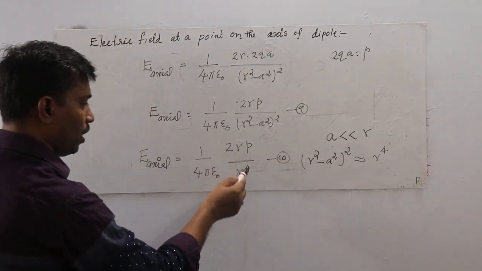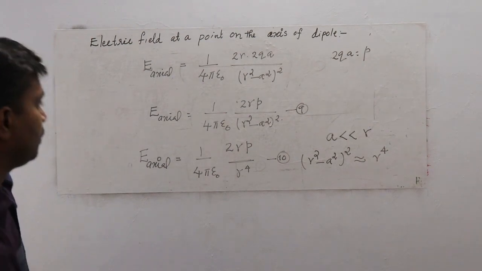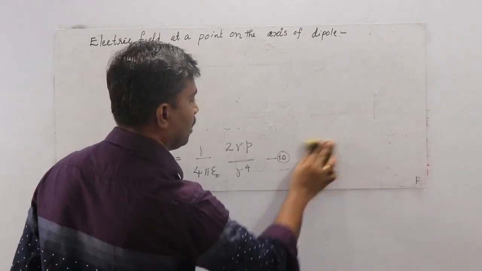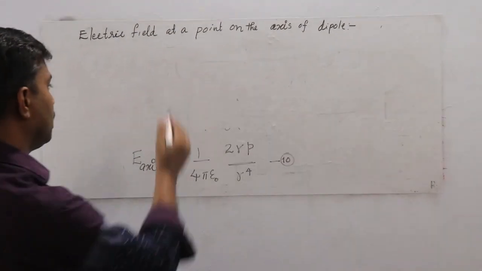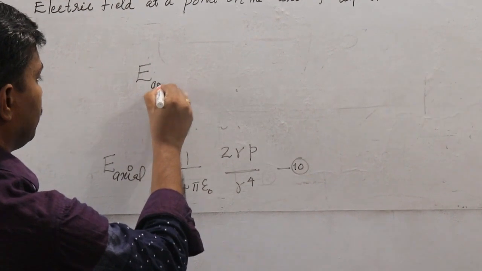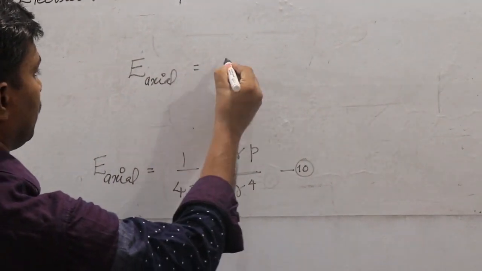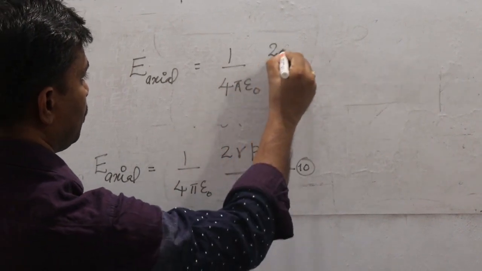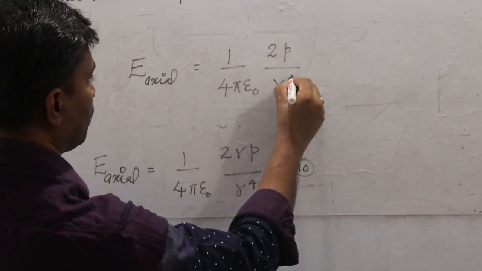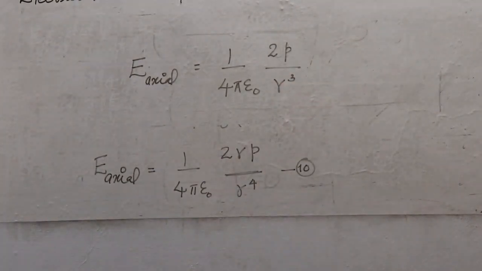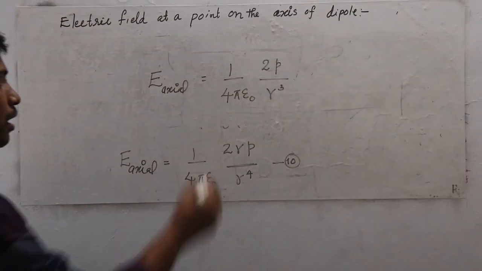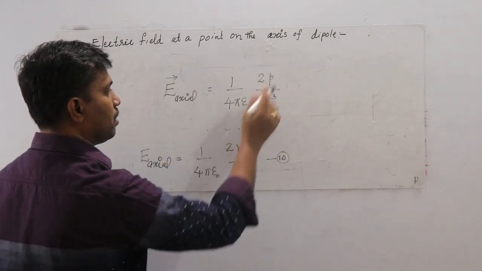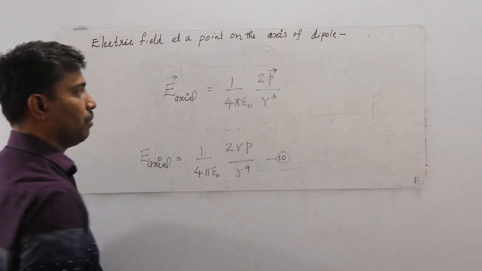But here one R and one R we can cancel. Okay, R in the denominator we can cancel. So we get E axial is equal to 1 by 4 pi epsilon 0, 2p by R cube. In vector form, E vector is equal to 1 by 4 pi epsilon 0, 2p vector by R cube.